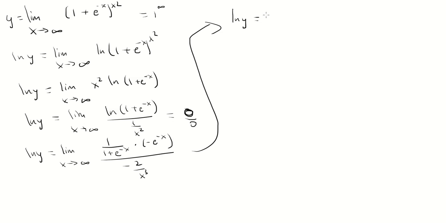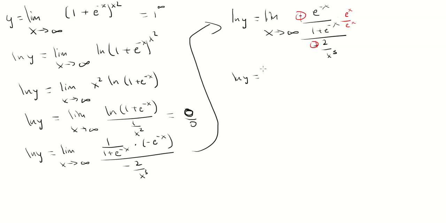So let's have the e to the negative x over 1 plus e to the negative x first, and then I'm going to have that all over negative 2 over x cubed. We have two negatives. Those are going to cancel and become plus. And then I'm going to multiply the top and bottom here by e to the x over e to the x.